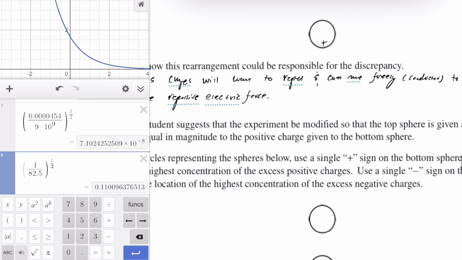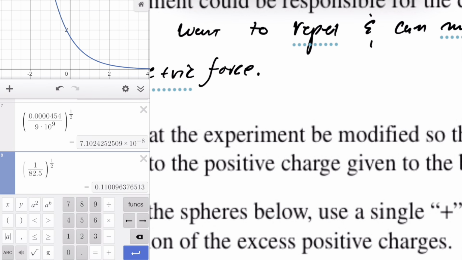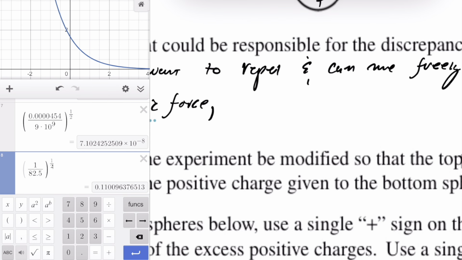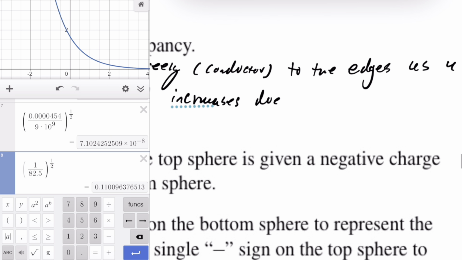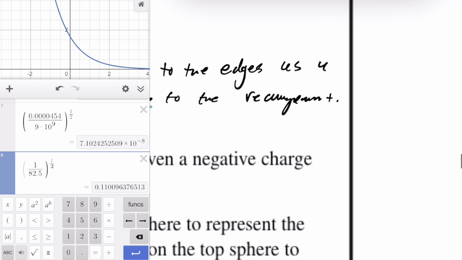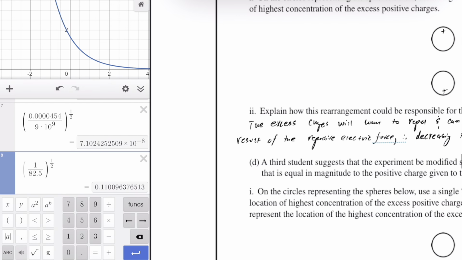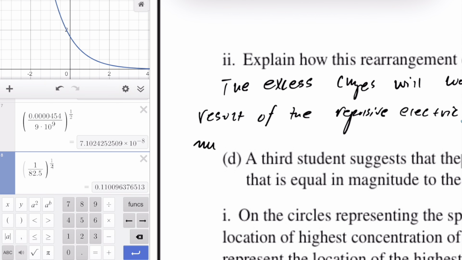And it says it can also be responsible for the discrepancy. Well, how? This rearrangement decreases the electric force as D increases due to the rearrangement, making Fe constant.